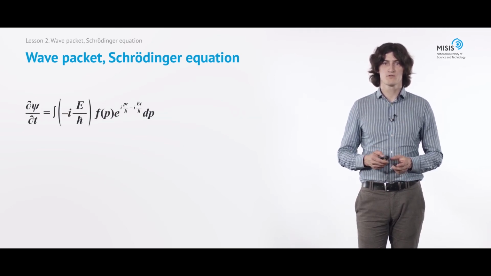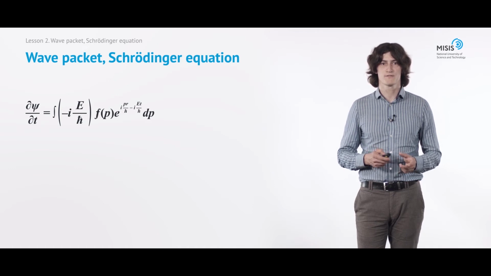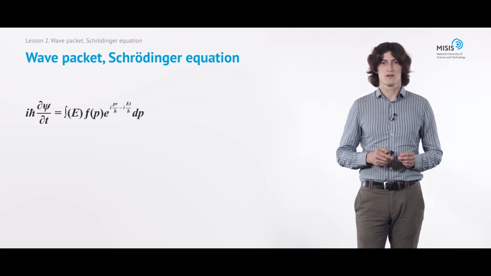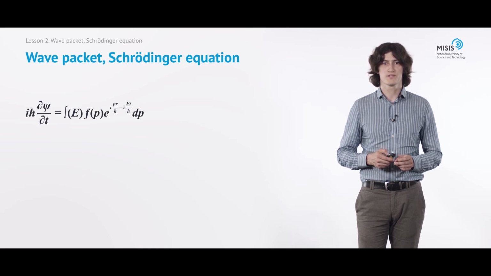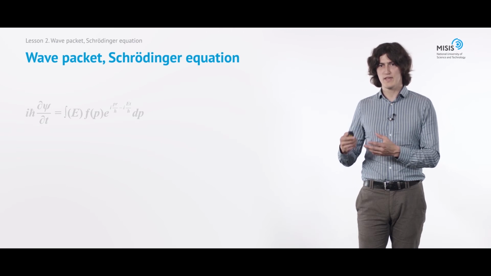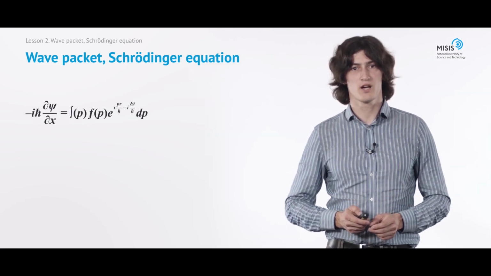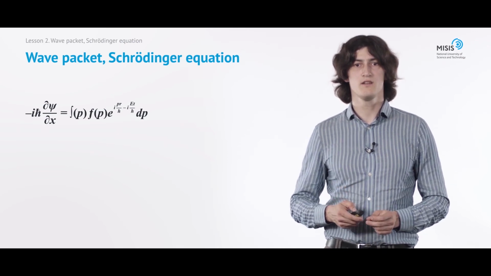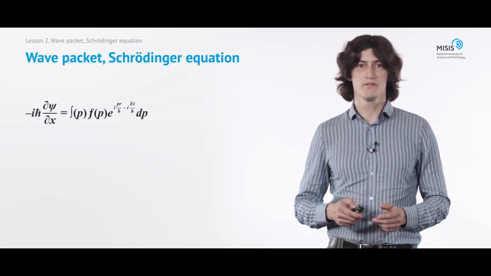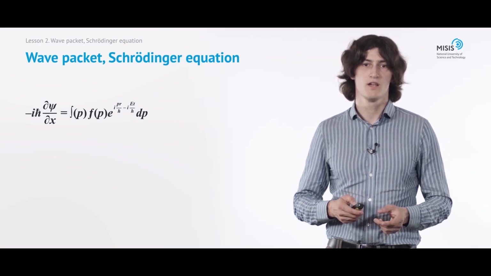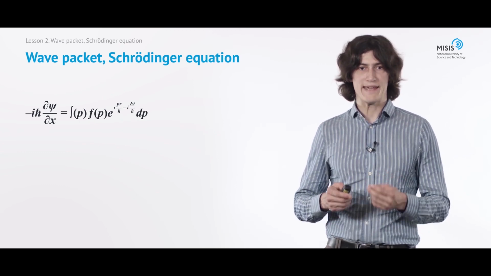Differentiating it with respect to time multiplies the amplitude by factor minus i times E divided by h bar. Or if we differentiate the wave packet with respect to time and multiply it by factor i h bar, we gain the energy.